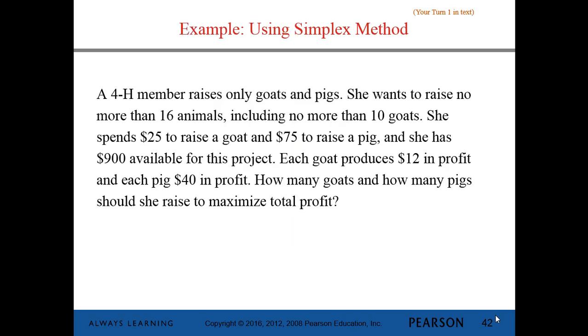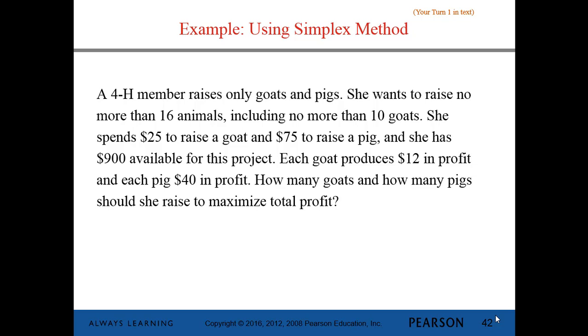Okay, so now in this example, it says a 4-H member raises only goats and pigs. Sound familiar? She wants to raise no more than 16 animals, including no more than 10 goats. Sound more familiar? She spends $25 to raise a goat and $75 to raise a pig, and she has $900 available for this project.